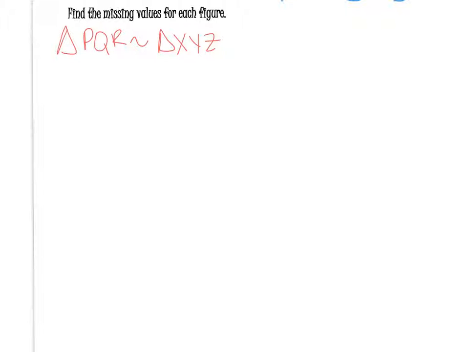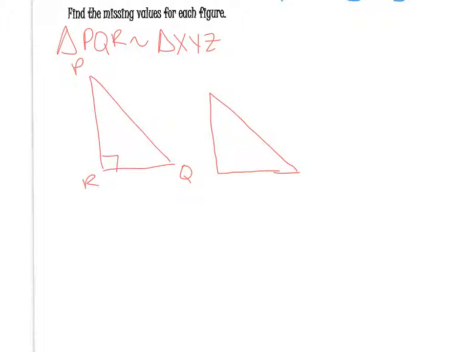We're going to have 2 right triangles. So this first one, this is going to be PQR. Make sure you label yours the same way I do. And my next triangle is going to be just a little bit smaller. Same shape, not the same size, and that's going to be triangle XYZ. And then I'm going to tell you some values of these triangles, and we're going to find all of the missing values.